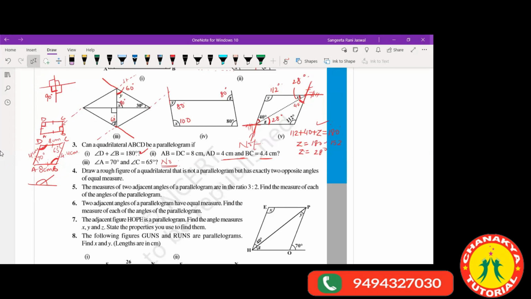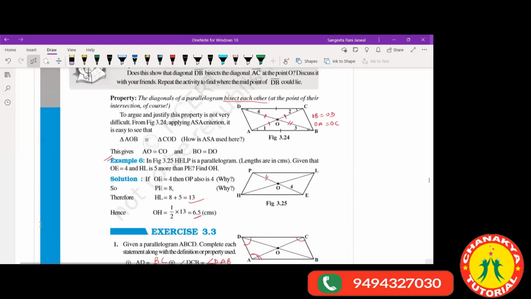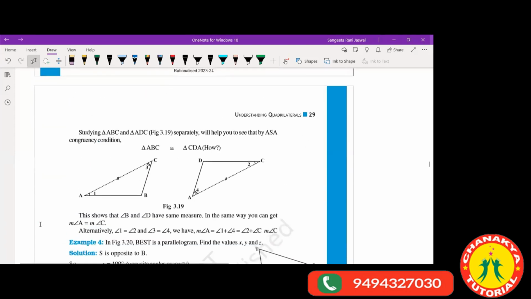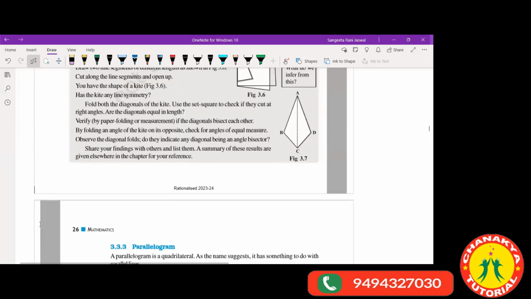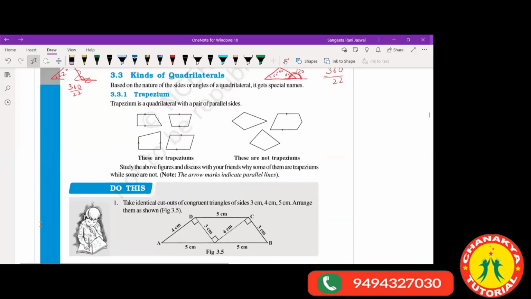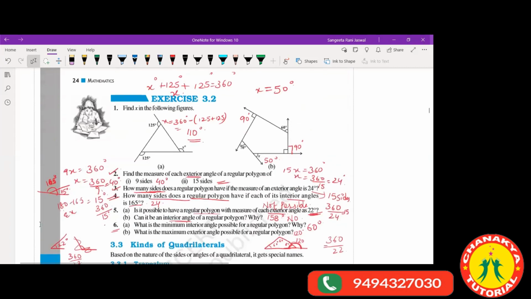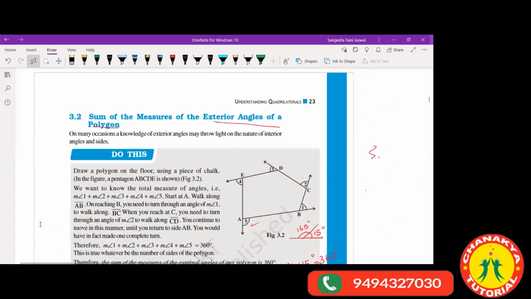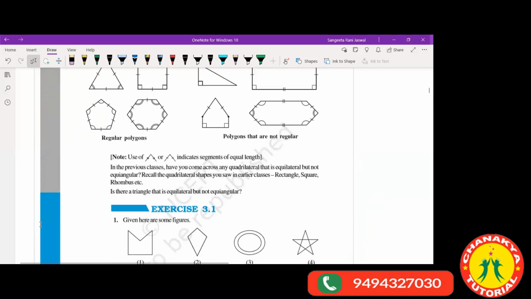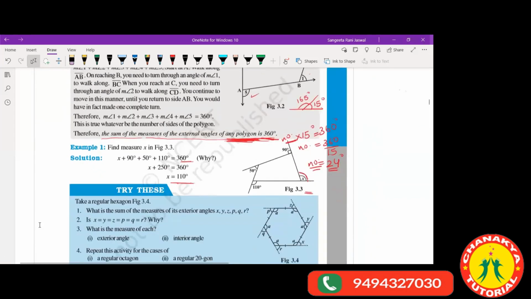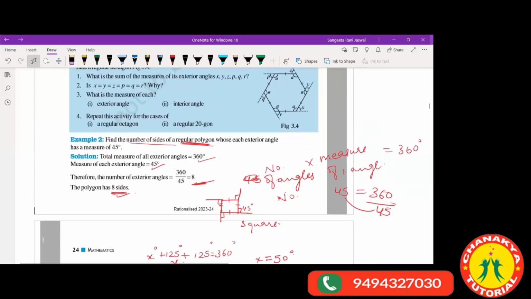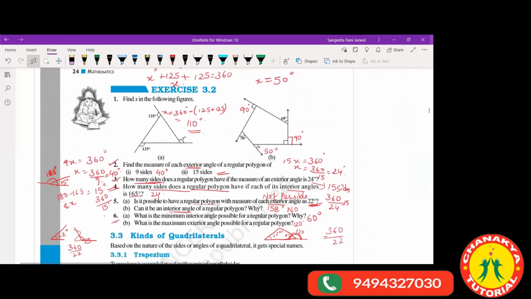Okay. See, we had done this part of the chapter. Where is that exercise gone? We had done n minus 2 into 180 degrees.